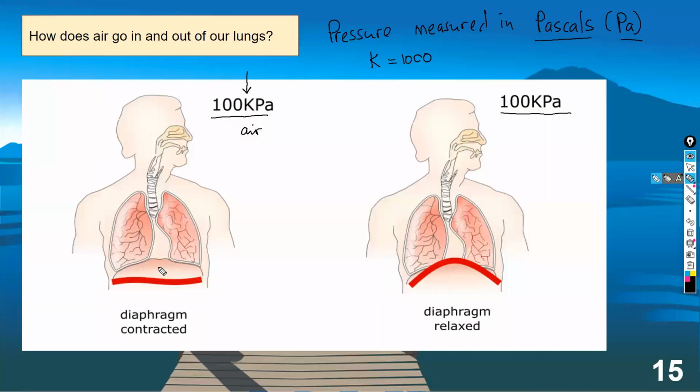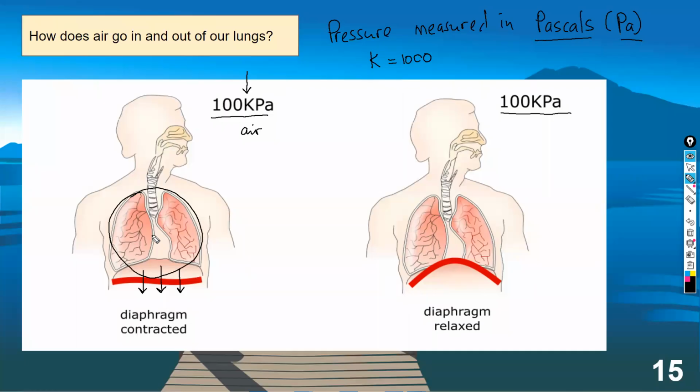Now, when you pull it downwards, I just want to put the arrow here. The space got larger. Remember, the air pressure a few seconds ago was 100,000. So if the space gets larger now, will the pressure get higher or lower? Go back to the notes on the last slide.